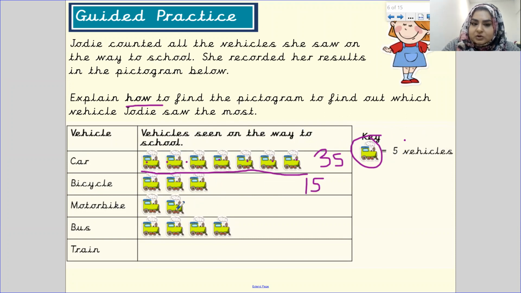Motorbike is showing me 2. 1 means 5, so that means 10. And then over here, the bus is showing me 4. 4 times 5 means 20. So even by looking at my numbers, once I've worked it out, I know she saw cars the most.